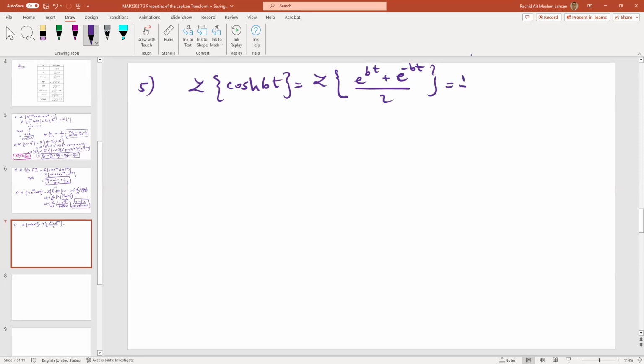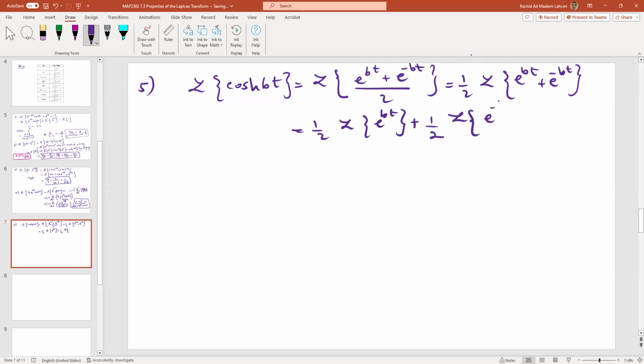Then that tells us, based on the property, we got this, which we can further separate if we want to these components.